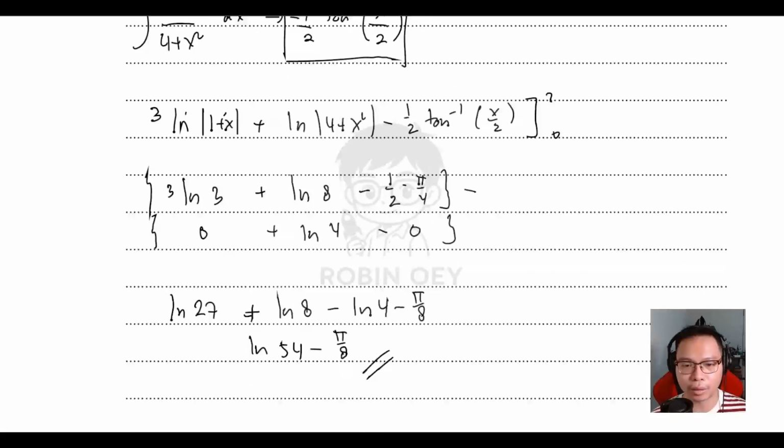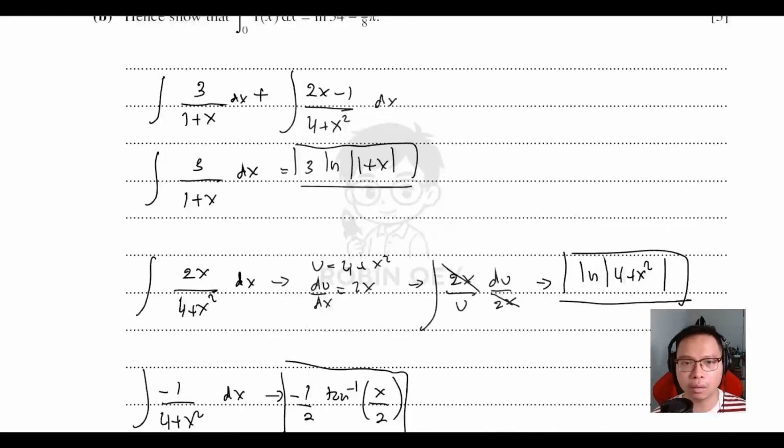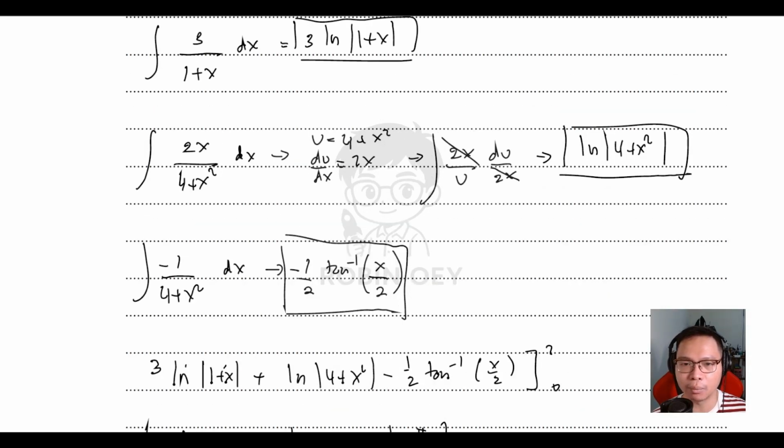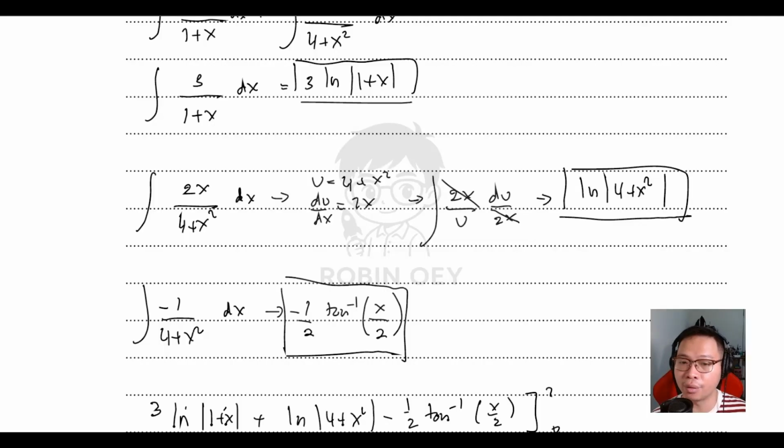For this type of question, be careful when integrating. I suggest you integrate one by one, so you don't integrate everything in one shot and combine it together. You can do that actually, but it is more risky. Especially if you need to use substitution, like the integration of 2x over 4 plus x squared, you will need another part of the paper, because the working is quite long.